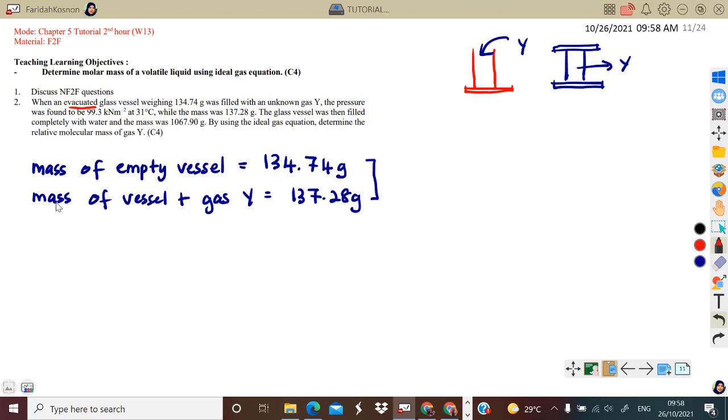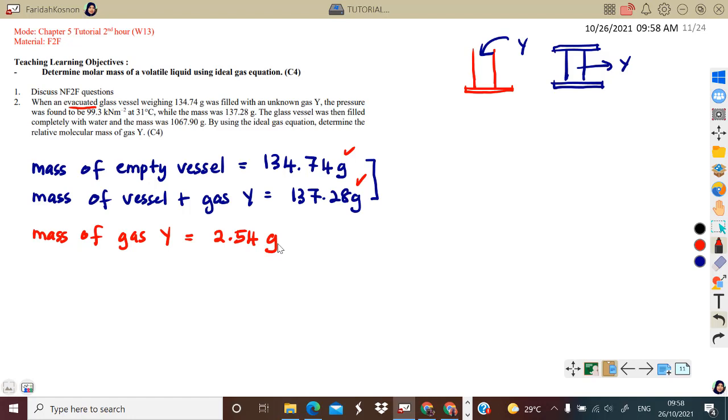So from this data, apa yang kita boleh cari? Actually kita boleh cari mass of gas Y. So kat sini 137.28 you tolakkan dengan 134.74. So tekan kalkulator, you will get lebih kurang 2.54 gram.